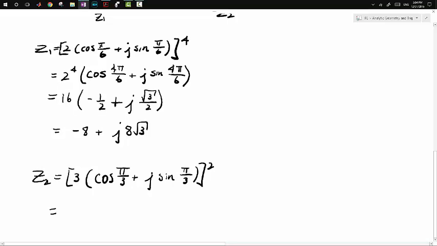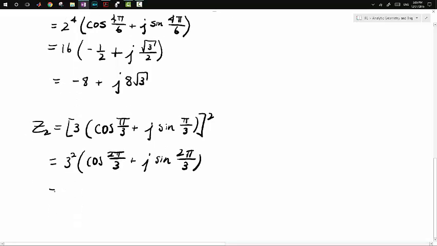So again, we'll just distribute that 2 to the angle, so 3 squared times cosine of 2 pi over 3 plus j times sine of 2 pi over 3.